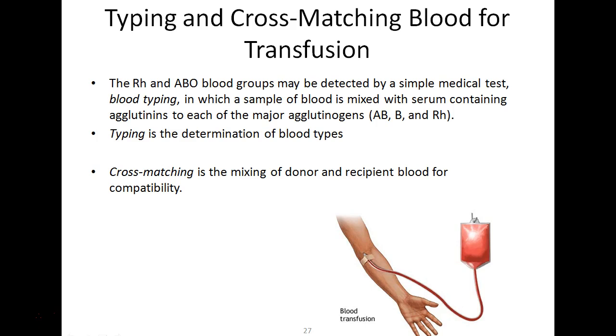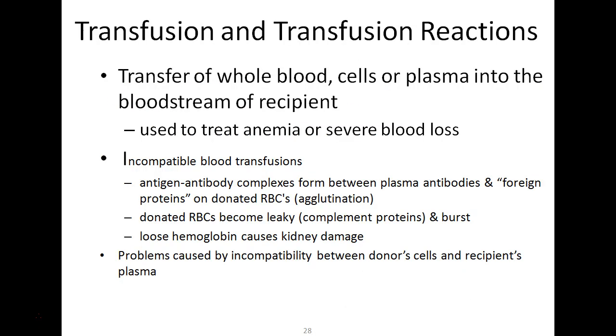A person receiving a transfusion will most likely receive packed RBCs, a large concentration instead of whole blood with all that plasma. Whether whole blood or packed cells, the transfusion is used to treat anemia or severe blood loss. We have to watch out for incompatible blood transfusions, again, such as those antigen and antibody complexes.